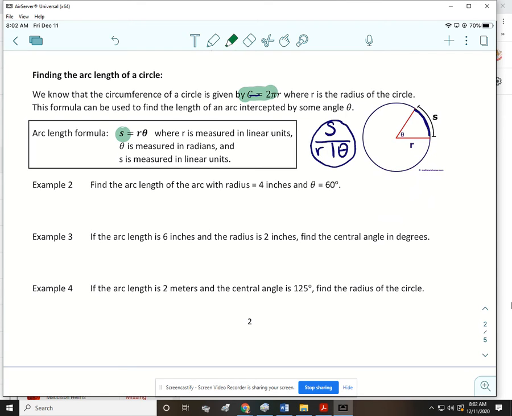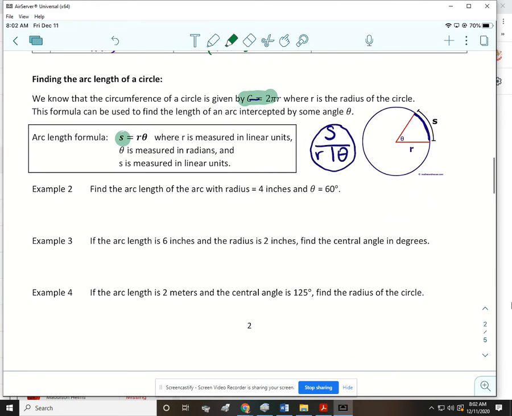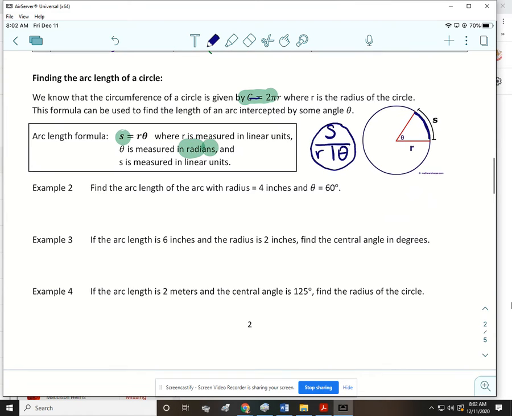All right, so for example 2, we're going to find the arc length of an arc with radius 4 inches and theta 60 degrees. Now, it is important that your theta is in radians. If your theta is in degrees or revolutions, we do need to change it to radians. So let's do that first.